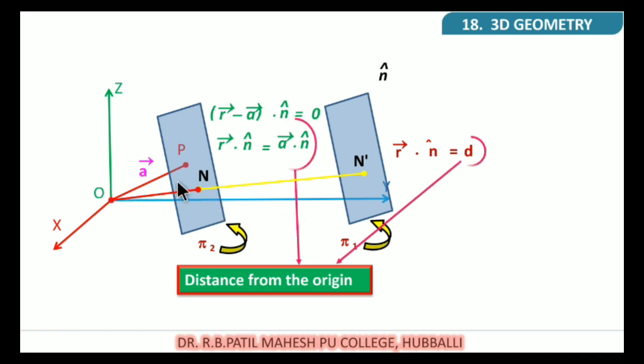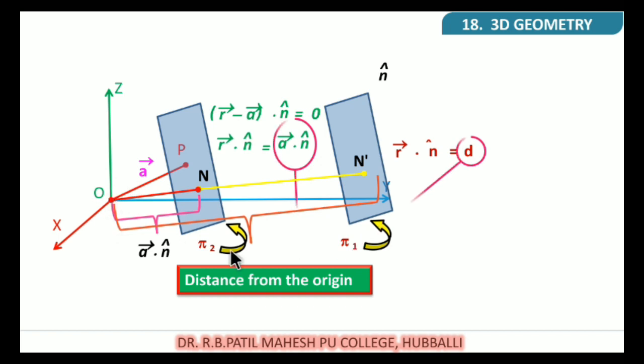Now, here connect the lines, so that the distance of the plane pi 1 from the origin is ON dash, and the distance of the second plane pi 2 from the origin is ON. Right. So, that distance ON is equal to vector a dot n cap, and ON dash will be equal to small d.